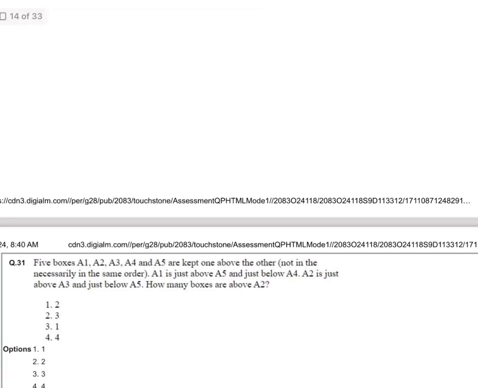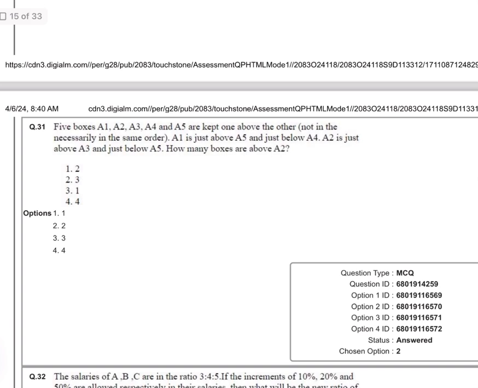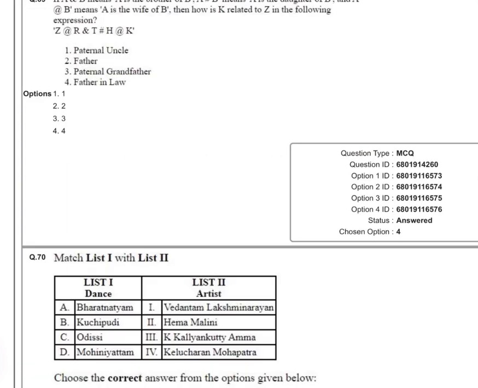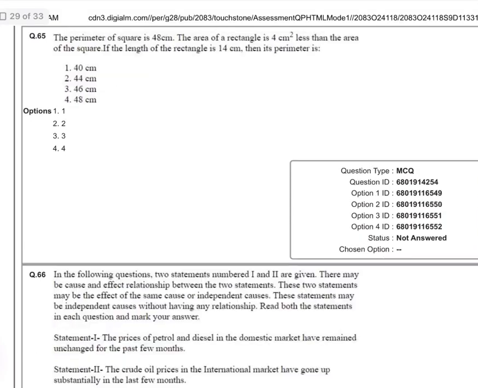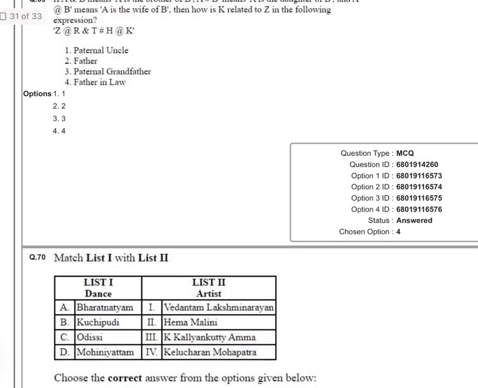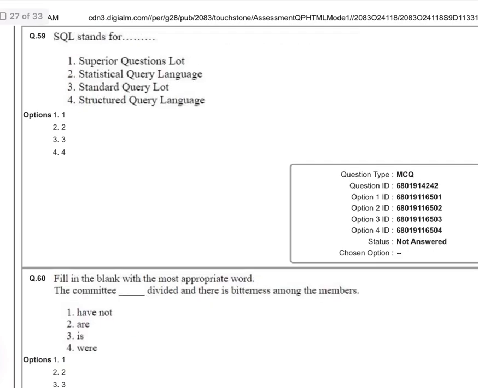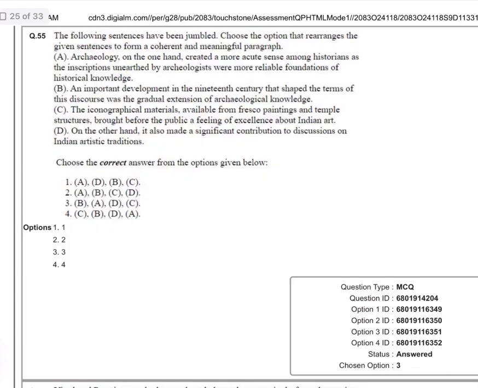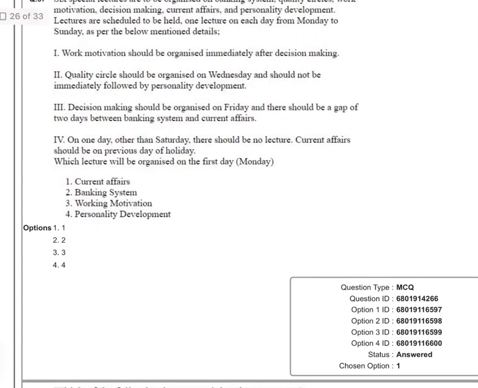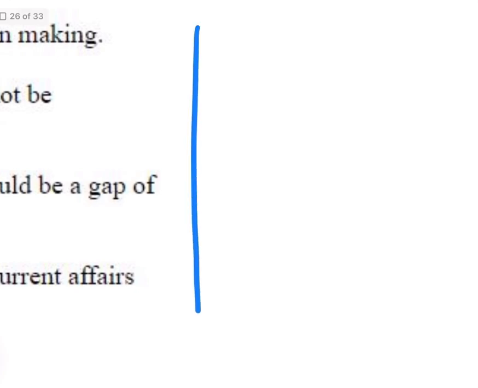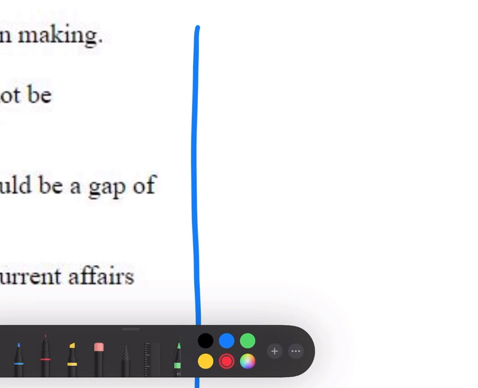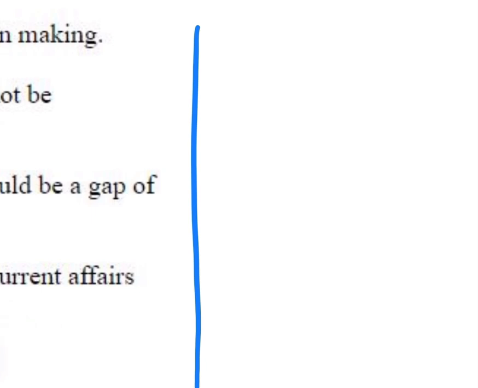So this way, I just wanted to show you the question paper so that you understand what kind of questions they ask and from where you can find them. As I already told you, the strategy should be very simple. I have given you the broad strategy. Now you have to strategize how many months you will devote to completing your syllabus first, and completing your syllabus once is key.